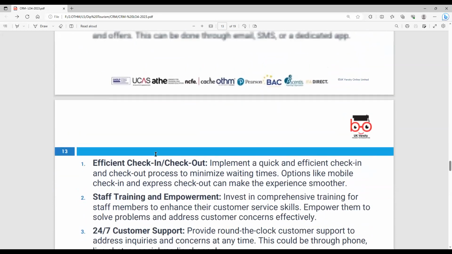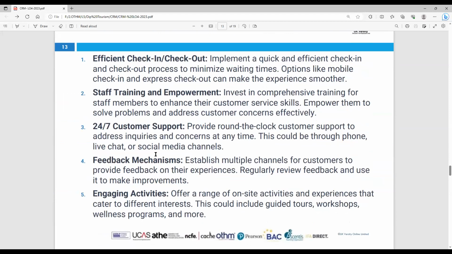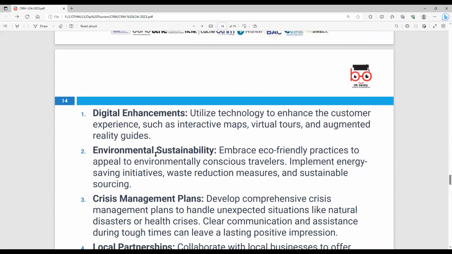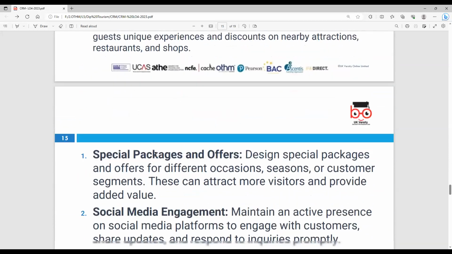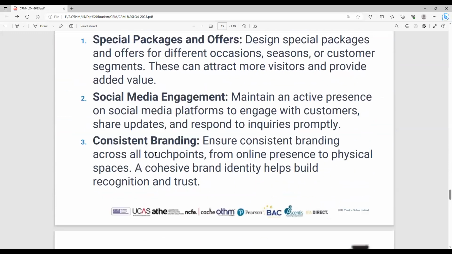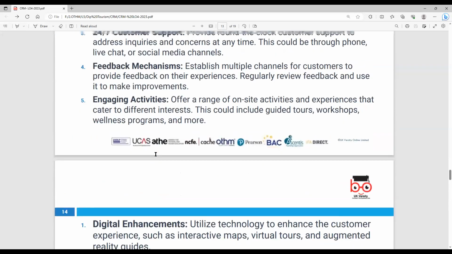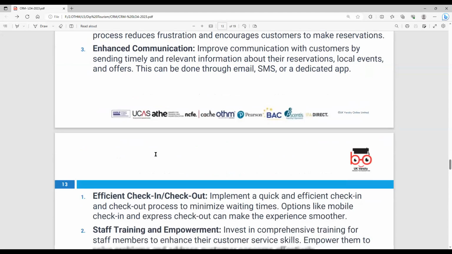Also efficient check-in and check-out, staff training and customer service support, feedback, engaging activities, crisis management, local partnerships. You can use media, consistent branding, and so on. So there are lots of different methods where we can enhance our customer experience, right?